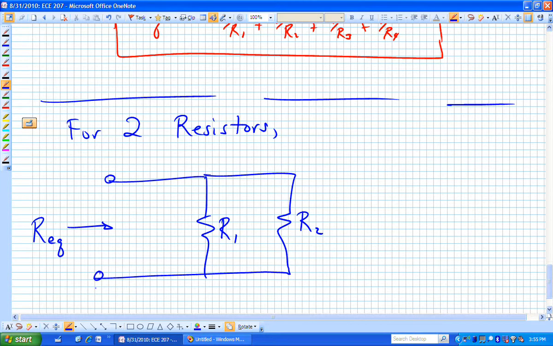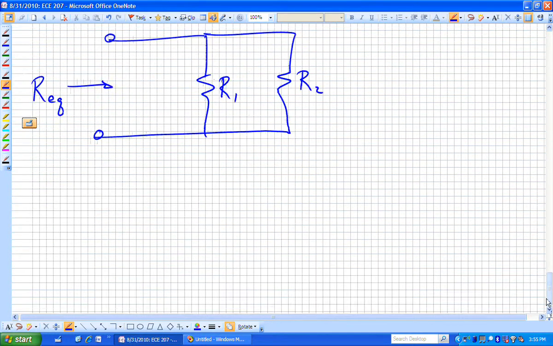If I attached my multimeter to those two nodes, what would I measure? It would be related to R1 and R2. And in this case, if we use the formula, it would be 1 over 1 over R1 plus 1 over R2.